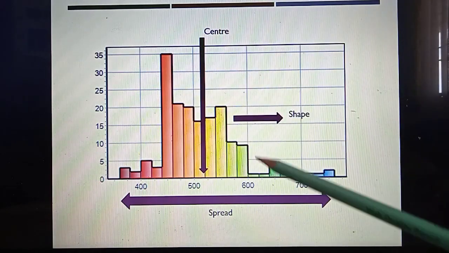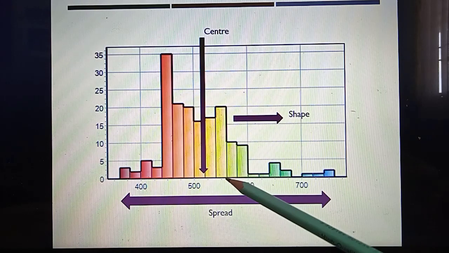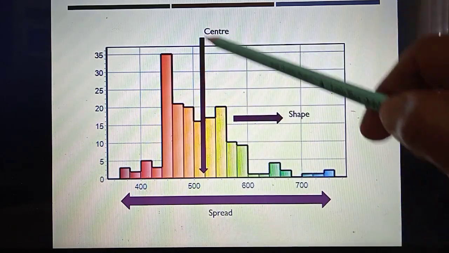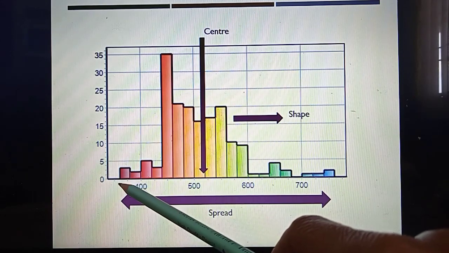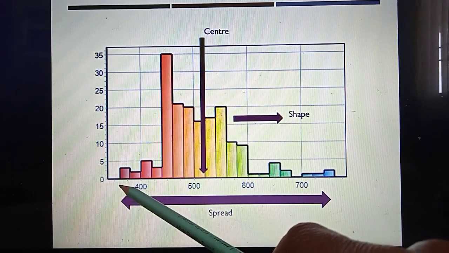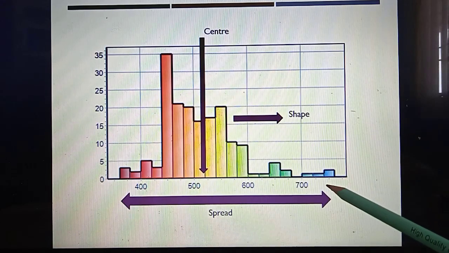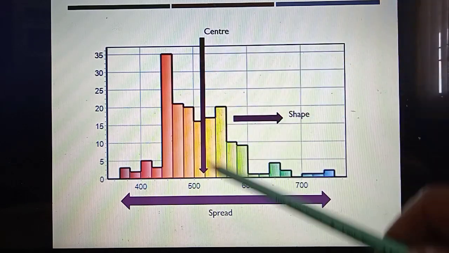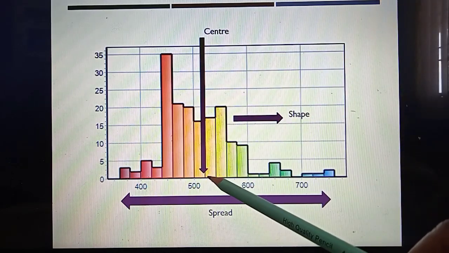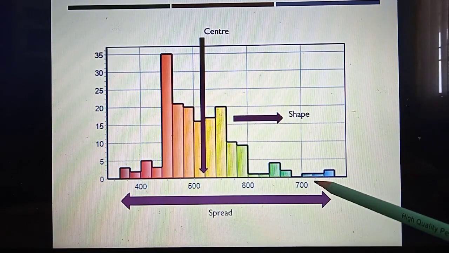Okay, so this is one example of how we present data in a histogram form. The center is in the center part from the first data until the last data that we have collected. Once we do some calculation, we are able to find where is the center. We will locate where is the center of the data range.